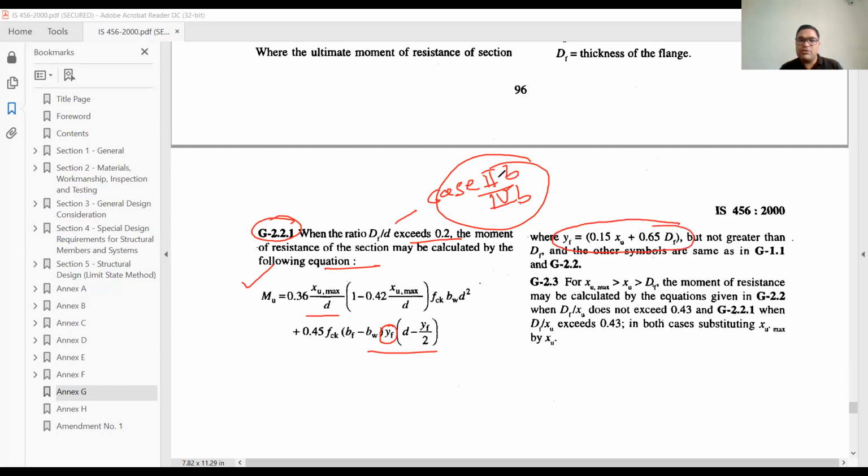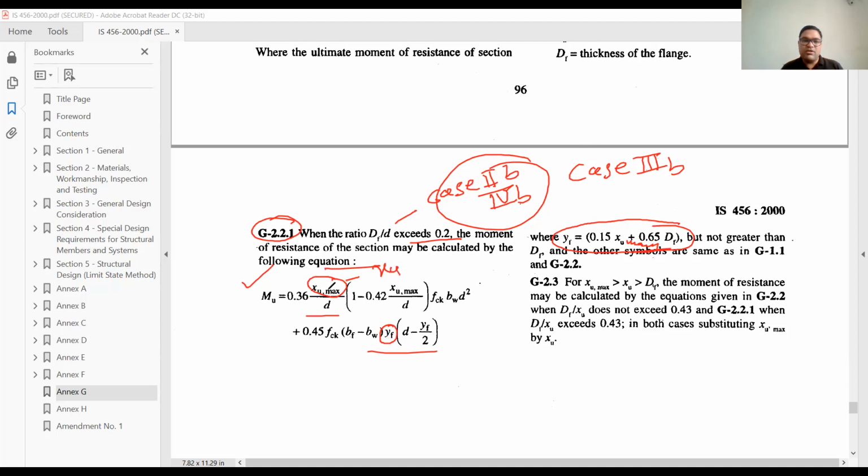Now, if we are using case 2B or 4B, here it will be XU max. Similarly, for case 3B, we will be replacing the value of XU max by XU.